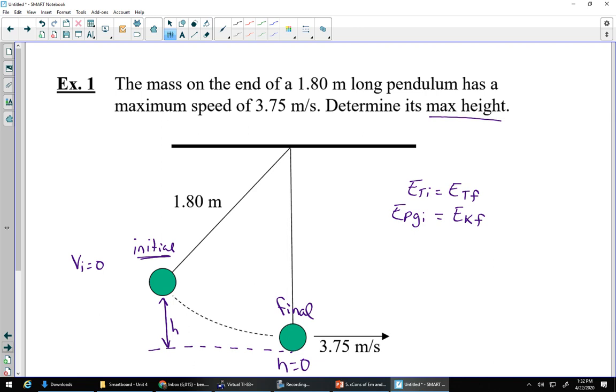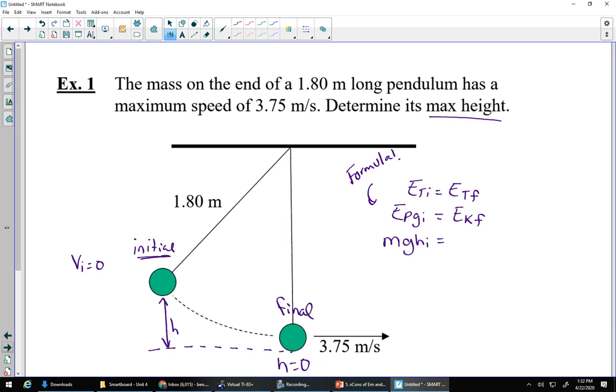All right, we have now built our formula. This is our formula for this question, and it's going to be different for other questions. But now what we can do is expand on this, and all we're really doing is expanding downwards. Gravitational potential energy was mgh, and that's on the left-hand side of my equation. I'm going to say hi, just to be very specific. hf is 0, and we don't need to deal with that very much.